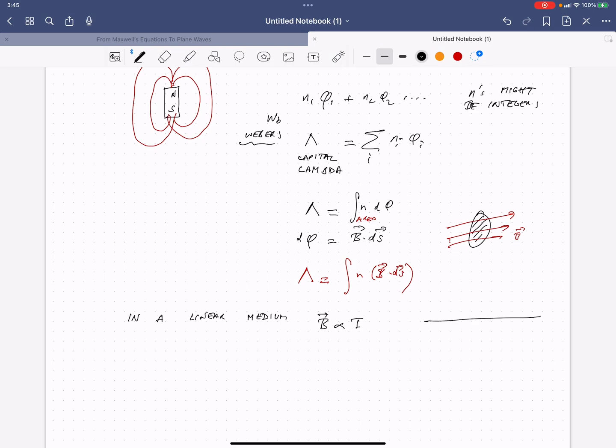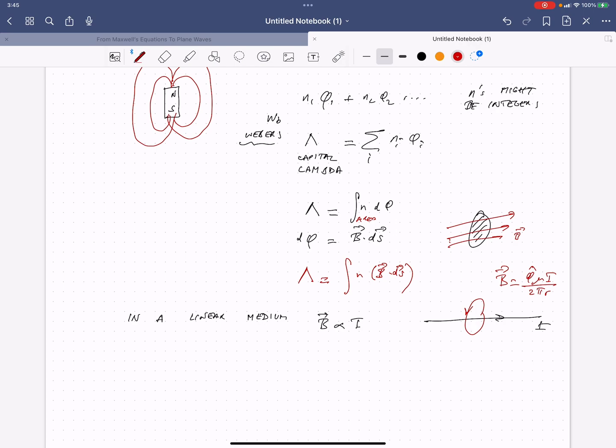So if you have a line with a current going through it, B is going to be coming out like that. And we calculated this a couple of lectures ago: B equals mu I over 2 pi r, in the phi direction.